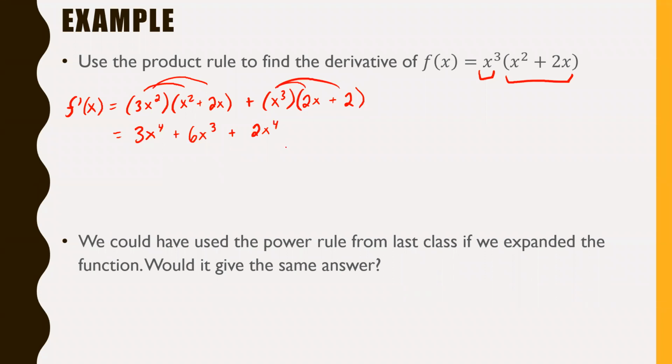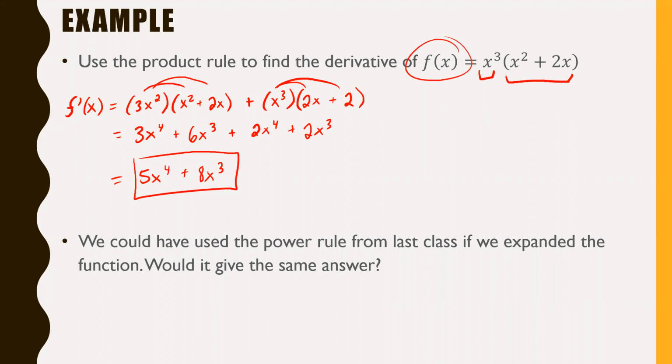And then x^3 times 2, of course, would be 2x^3. And while we're at it, why don't we just combine our like terms? 3x^4 plus 2x^4, well, that would be 5x^4. And then 6x^3 plus 2x^3, well, that would be 8x^3. And that function right there would represent the derivative of our original f of x.